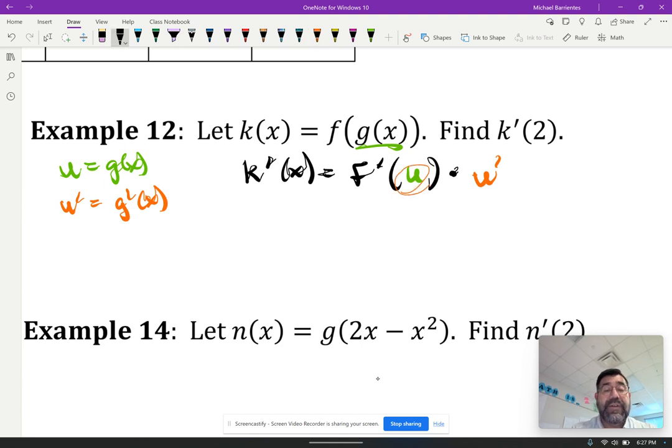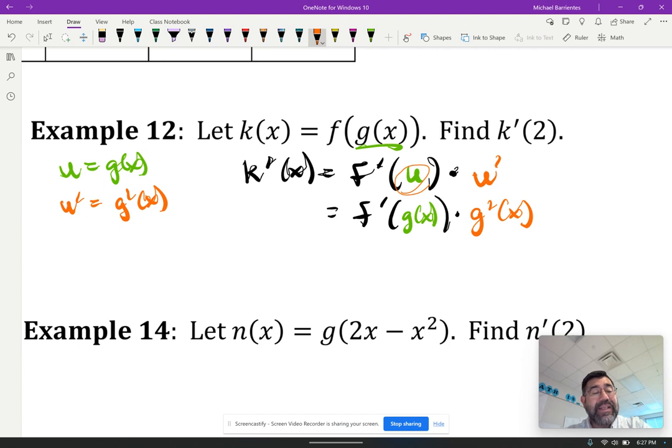So this is f prime of g of x, and then the derivative of the inside is g prime. And by the way, the more you do these, you might not need to do this green-orange business every single time.